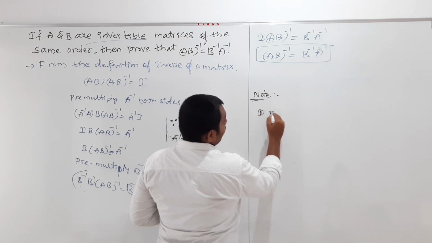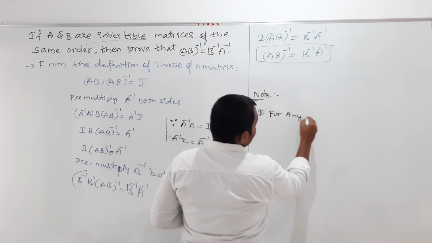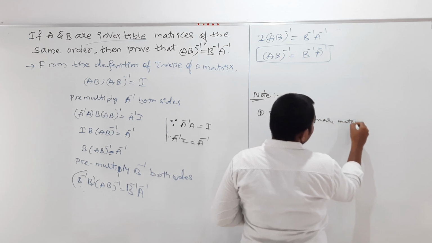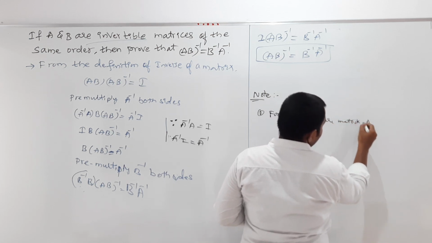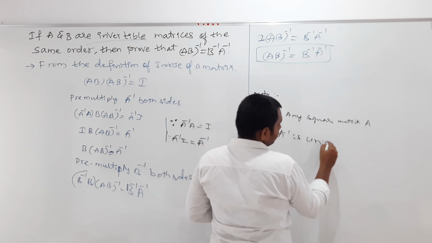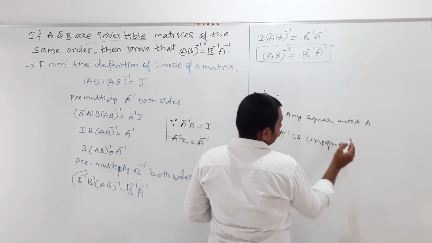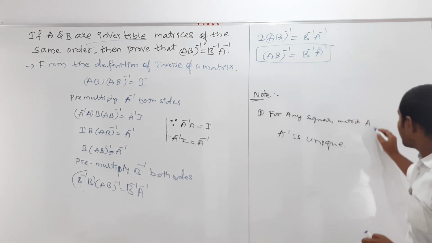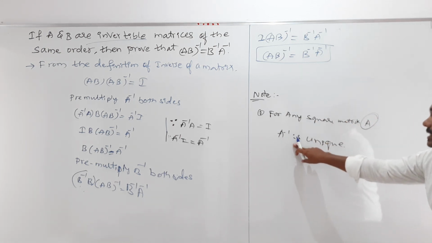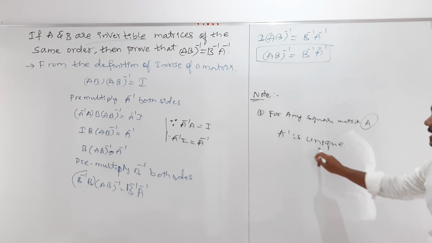What is that? For any square matrix A, the inverse is unique. So what is that? If you take any square matrix A, and the inverse exists, then that A inverse is unique.